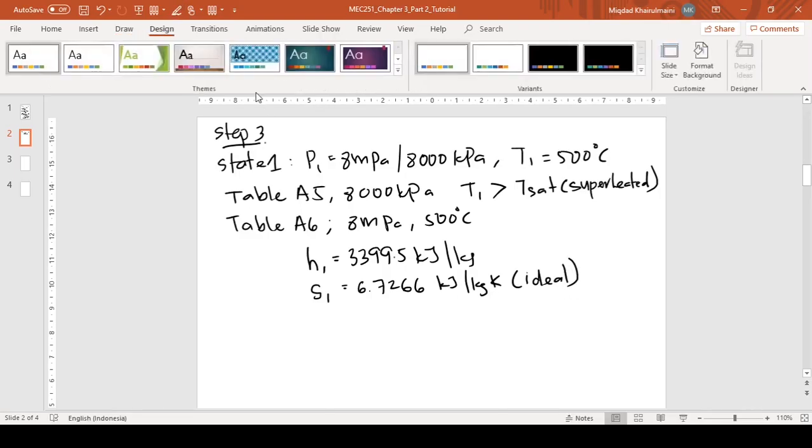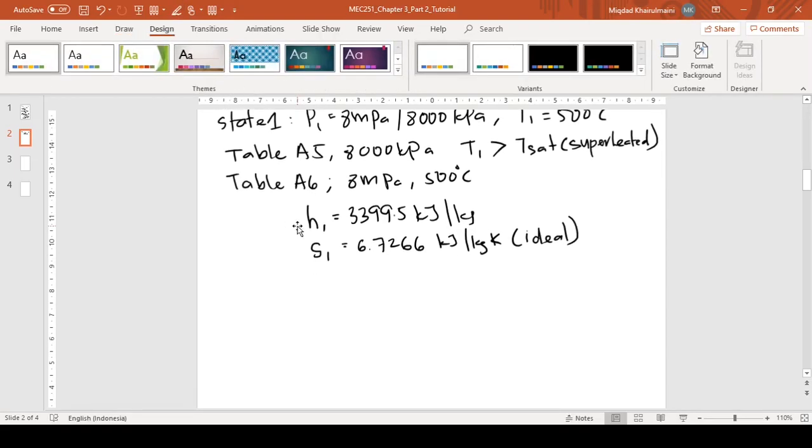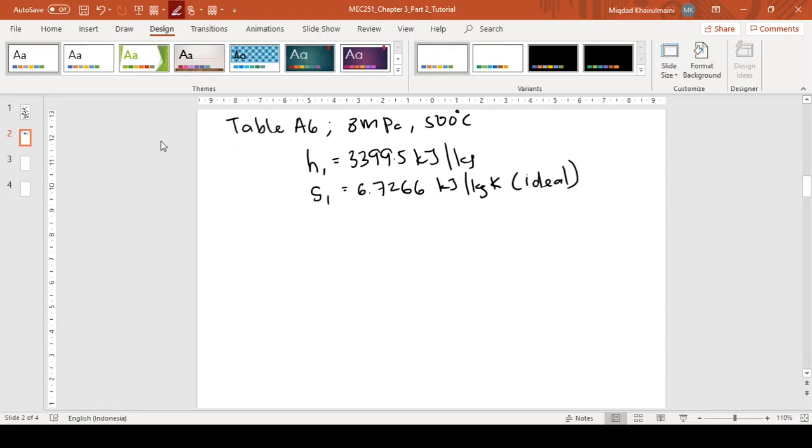Okay, so next we proceed with state 2. We know the pressure is 30 kilopascal, and for ideal condition s2s is equal to s1. So this is the ideal condition.